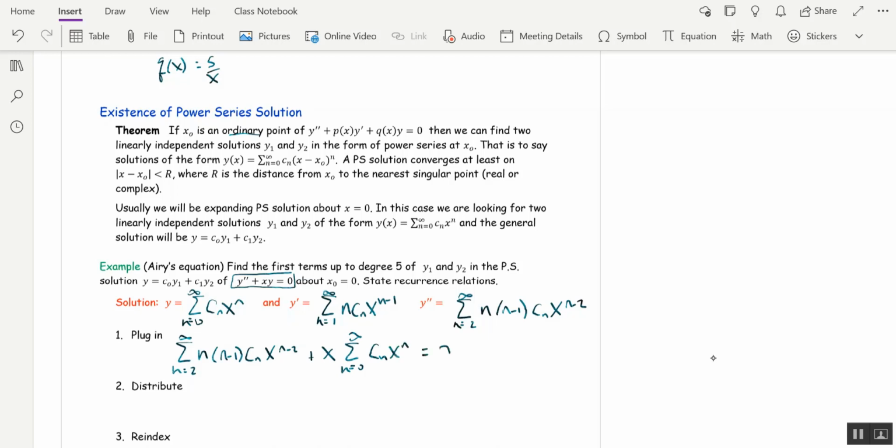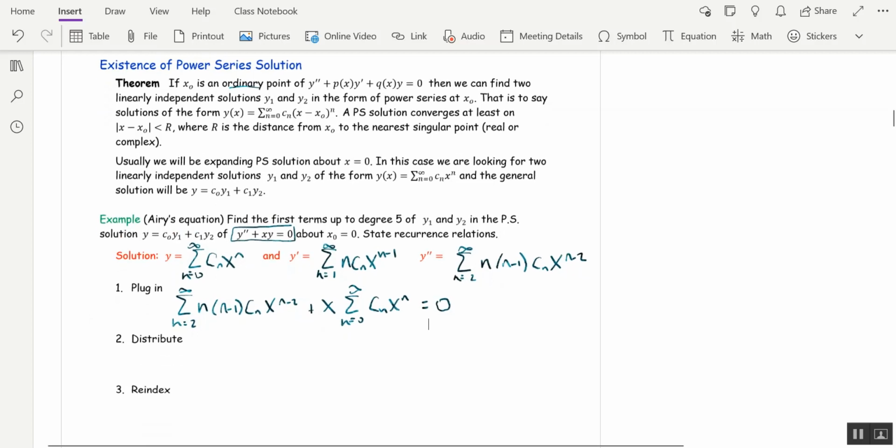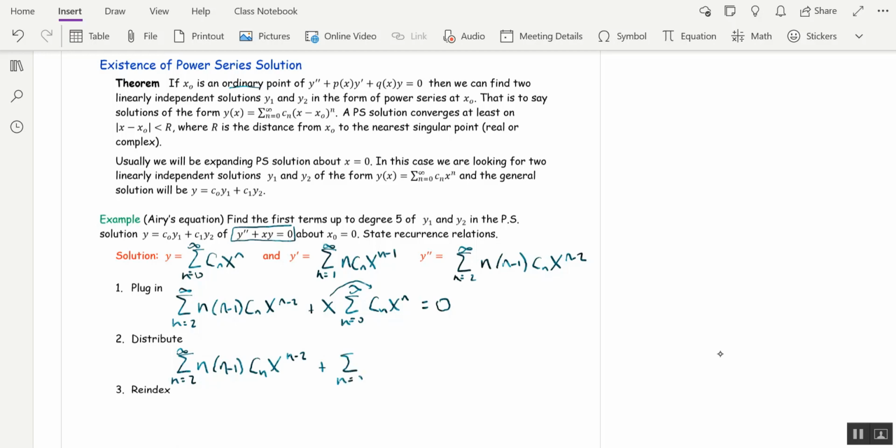And it's important that you set that equal to 0. This is an equation. All right, distribute. So in this case, we need to distribute this x. So the first power series, I'm not going to do anything to: n times n minus 1, Cn x to the n minus 2, plus, now I get the sum, n equals 0 to infinity, Cn, and I'll have x to the n plus 1.